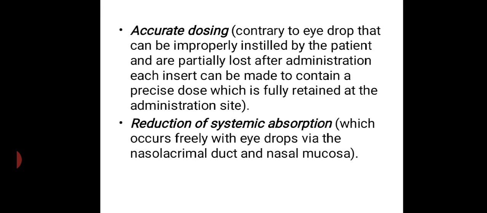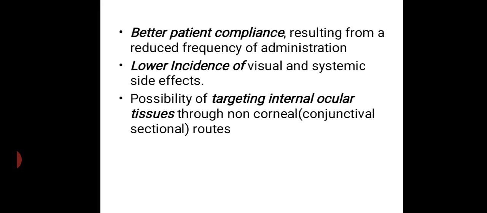Such loss of the drug through the nasolacrimal duct is not happening in this case, because here it is a constant, slow release, and whatever amount of the drug is released can get absorbed into the anterior and the posterior segment. Better patient compliance. Then low incidence of visual and systemic side effects and targeting the intraocular tissues.